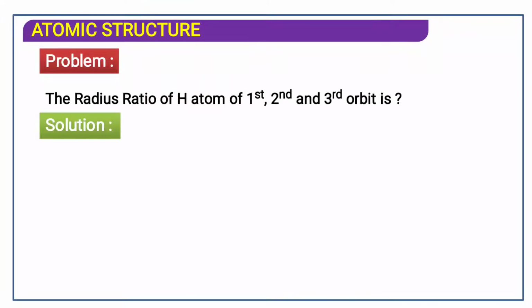Now try to understand the radius ratio of the hydrogen of first, second, third orbit. So for nth it will be 0.0529 into n square. n is the orbit number. So for n equal to 1, it will be 1 square.